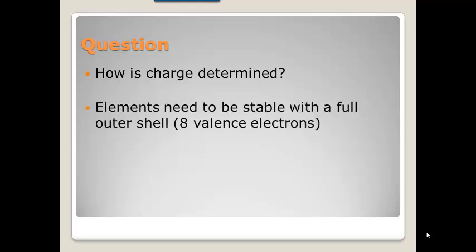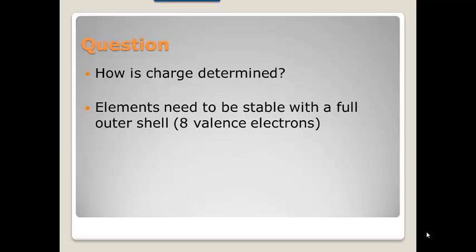Now think about this. How is the charge of those ions that I just showed you determined? I know you know there's a pattern where you can look on the periodic table, but why is the pattern there? Well, remember that elements need 8 valence electrons to have that full outer shell, or their octet.